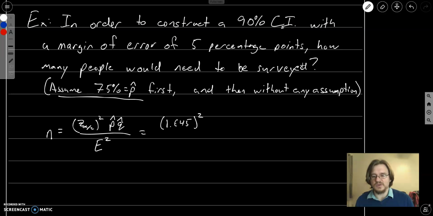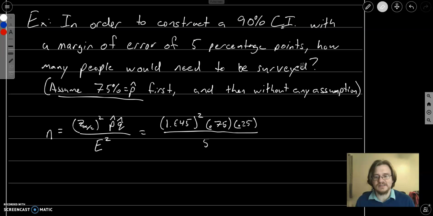So we'll square this. p hat will be 0.75. q hat, which would be the people that don't agree with the question on the survey, or would be counted as a failure, is the complement of 0.75, which is 0.25. And our margin of error will be 5 percentage points. And we have to be careful, because 5 is not correct.